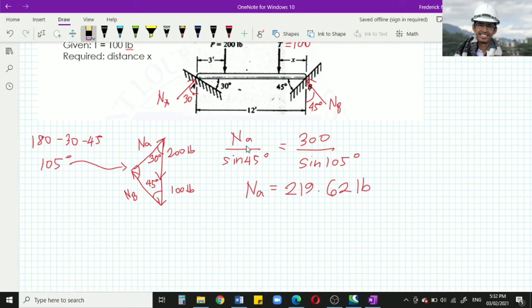So, summation moment at point B is equal to 0. That will be clockwise, positive. So, yung NA natin, that will be yung horizontal and vertical components ng NA natin. So, magkakaroon tayo ng force dito, vertical and horizontal.